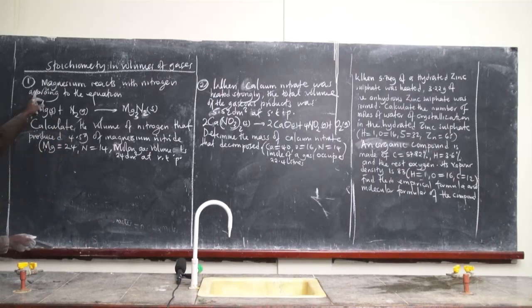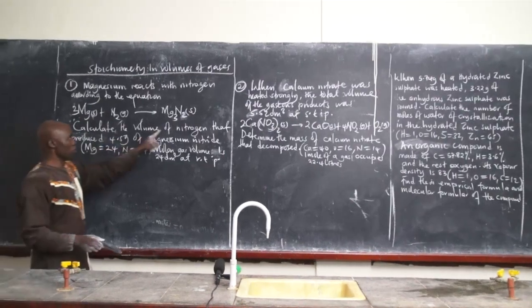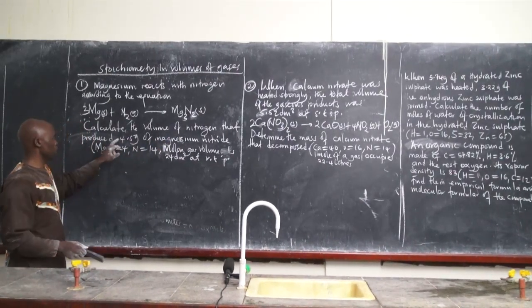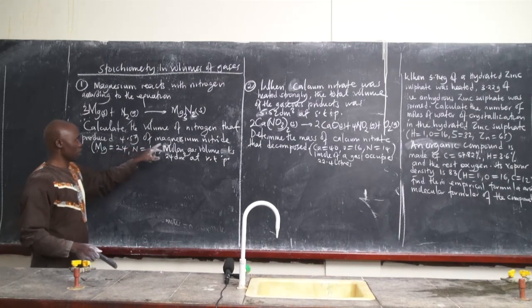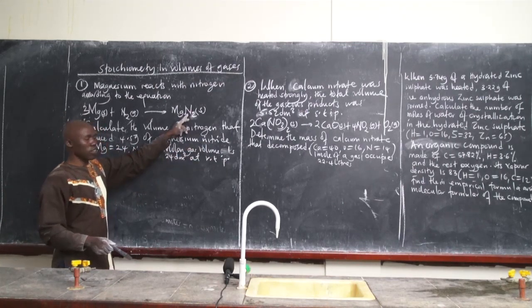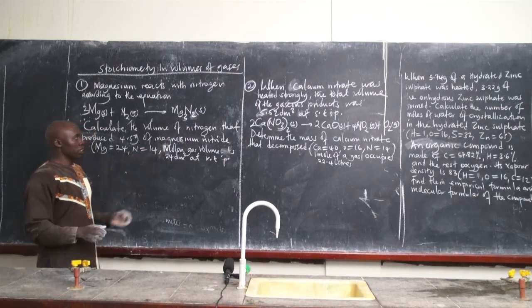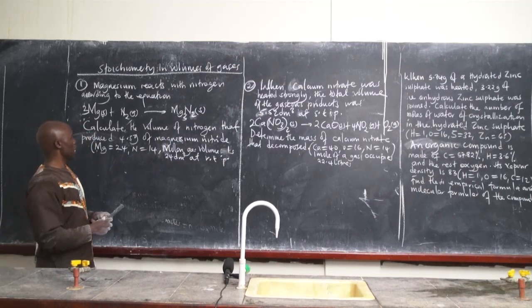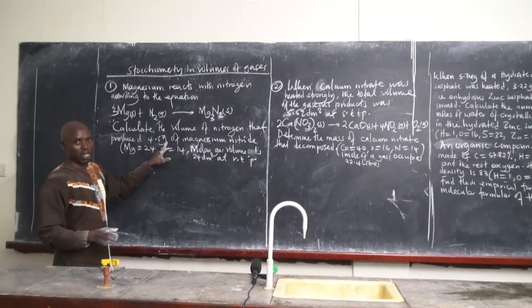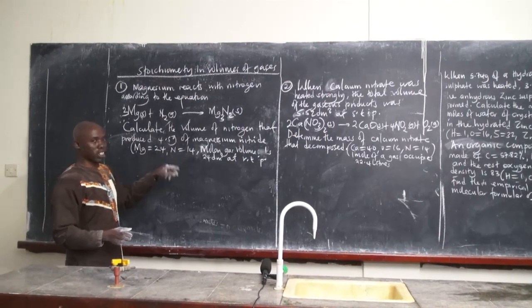So, magnesium reacts with nitrogen according to this equation. Calculate the volume of nitrogen that produced this mass of magnesium nitride. Since they have given its mass, let's look for its RFM. If they give you mass, first find RFM.